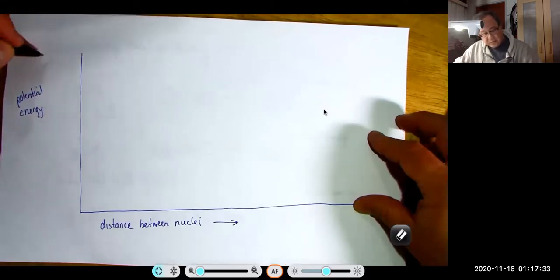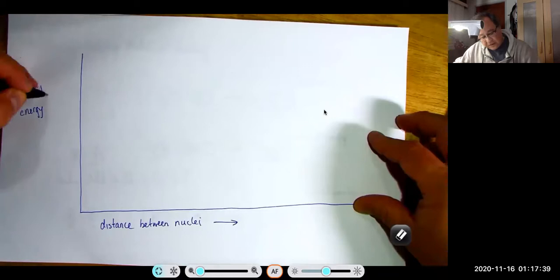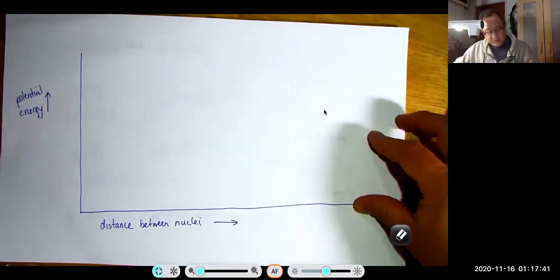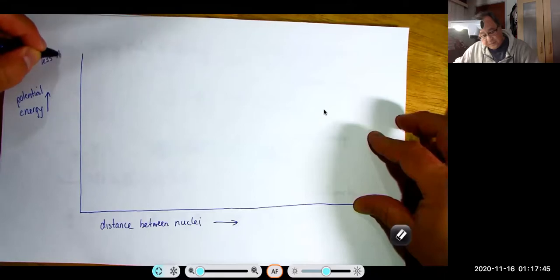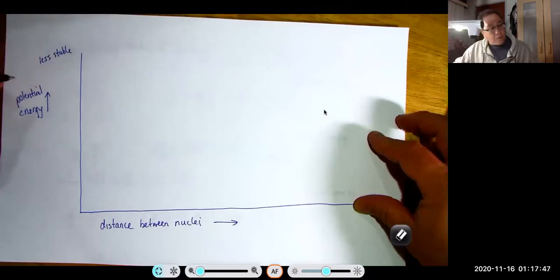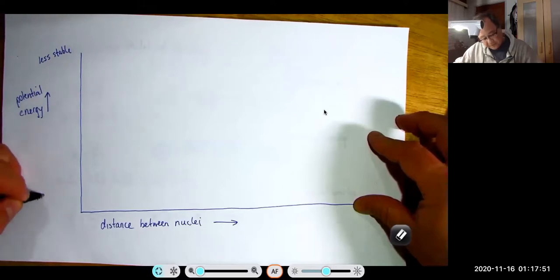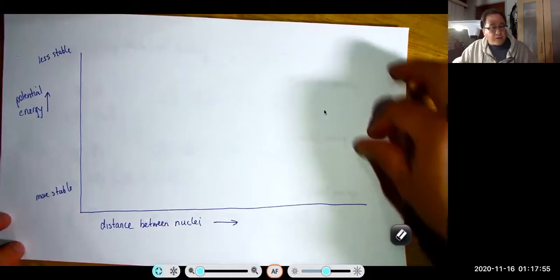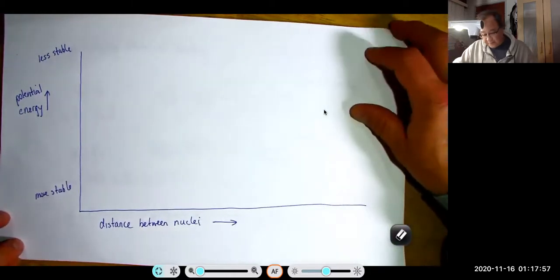Here, this would be more potential energy, and this would be less potential energy, so I'm going to put a little arrow going up like this. Now, when something has more potential energy, it's actually less stable, and when it has less potential energy, it's more stable. So really, this is a stability plot where the lower it is, the more stable it is.